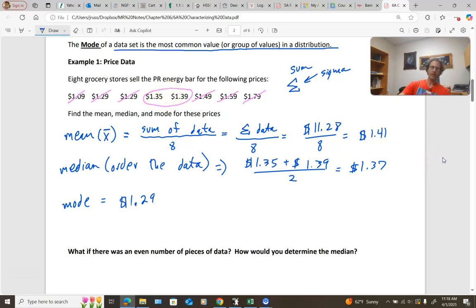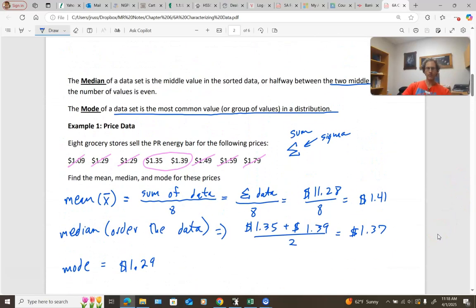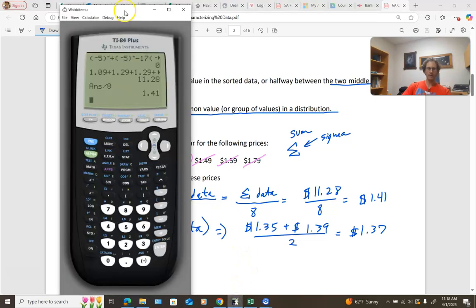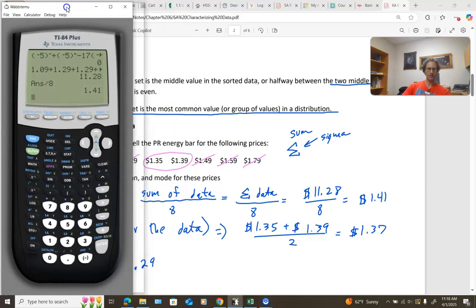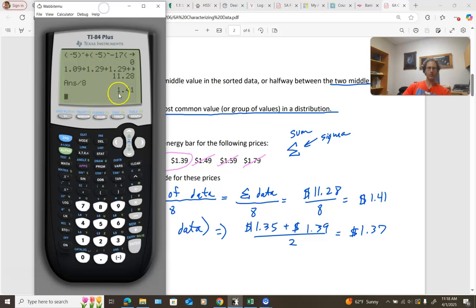Now, before we go on, what I want to show you is how you can use your calculator to define some of these statistics for you. And this is why I recommend that you either have this calculator or you have this app or some similar app.